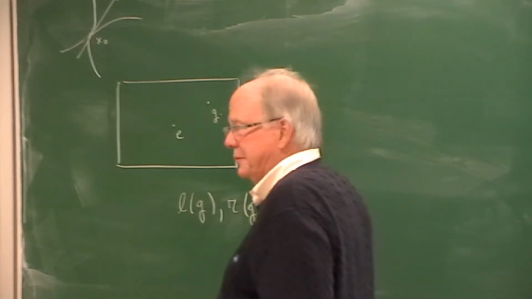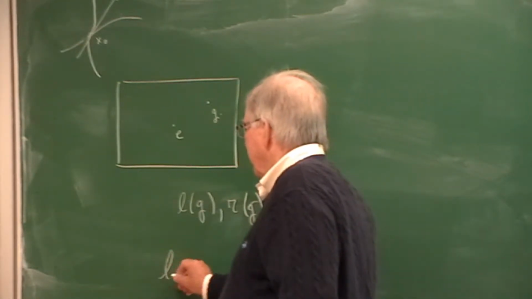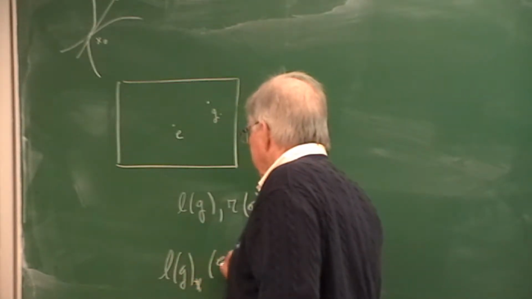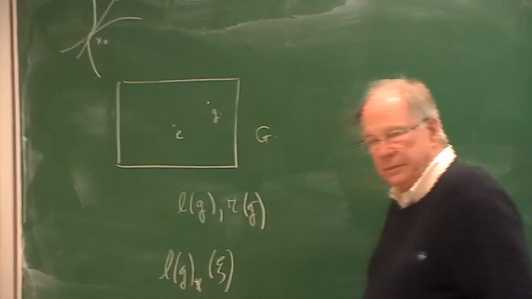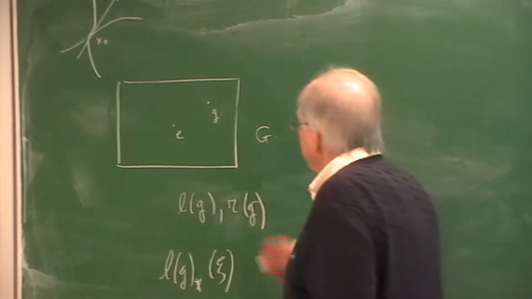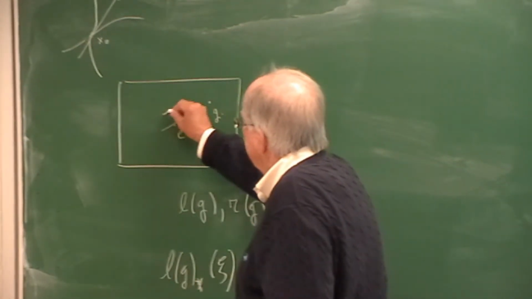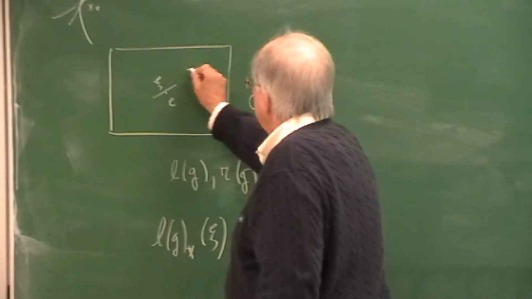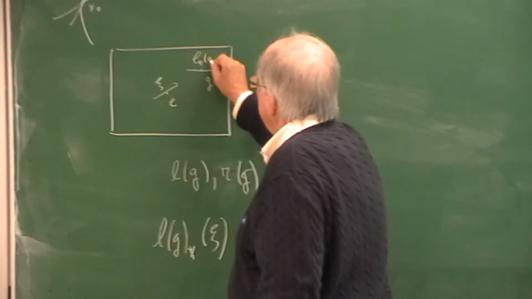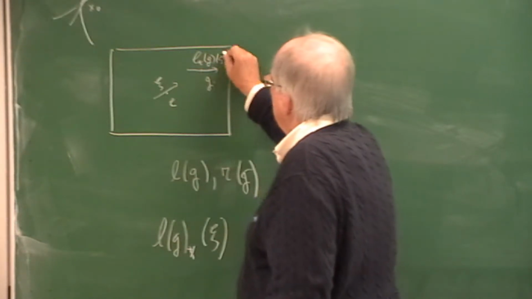So for example, we take left multiplication, push forward of C. Okay? I push it with left multiplication, and if you have C here, you have left multiplication of C here. Left multiplication at G of C.